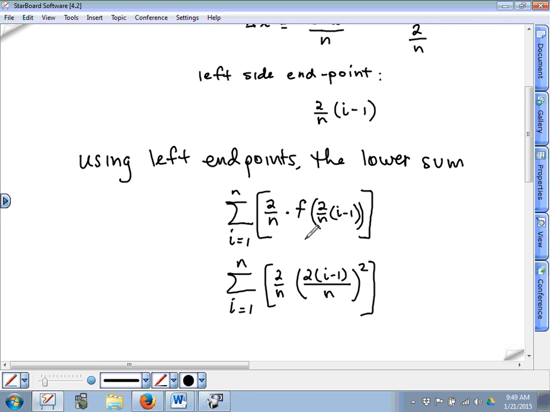What is the function? The function is x squared, right? It's a pretty simple function. All you do is take the input and square it. Isn't that what it means to do x squared, take the input and square it? What's the input? 2 times i minus 1 over n, that's the input. And according to the function, what should happen to the input? It should be squared. So that's all we've done here is we've squared the input. Now we don't have function notation anymore. You guys realize there's no more f because we evaluated the function now? You guys okay with that?